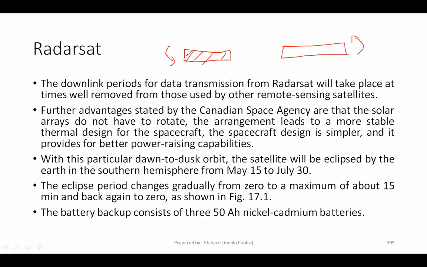It can always be in the same direction. Why is that so? It is because it is in sync with the sun. So the solar rays are always falling on this, and it doesn't have to rotate. It can be stable in the same direction.